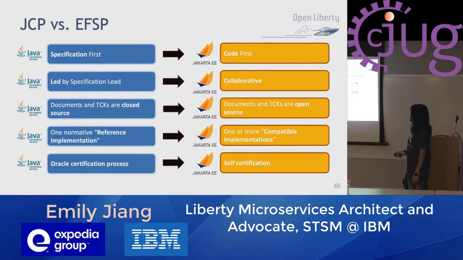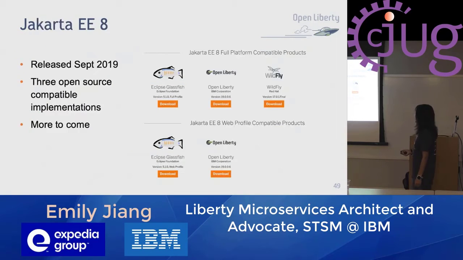Only recently we released Jakarta EE 8. GlassFish is the first one, on trial, to pass all the TCKs, and Open Liberty is the first production server to pass Jakarta EE.